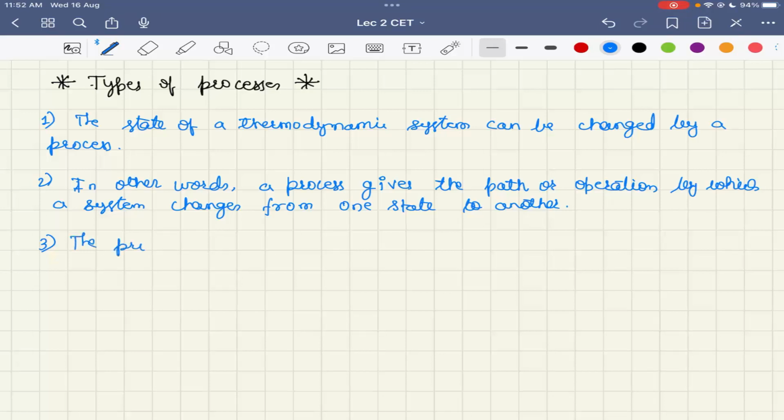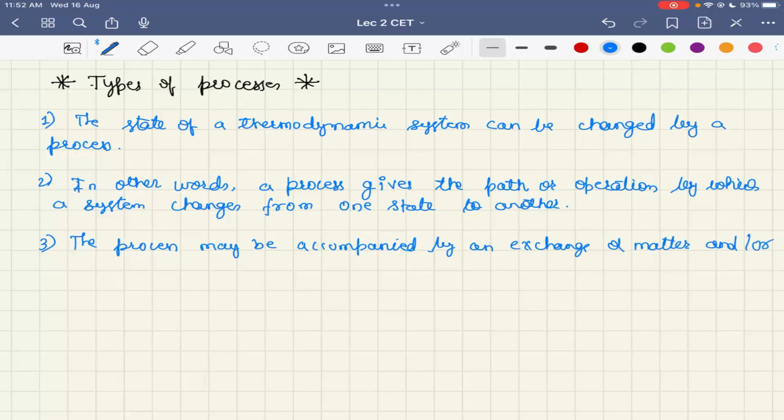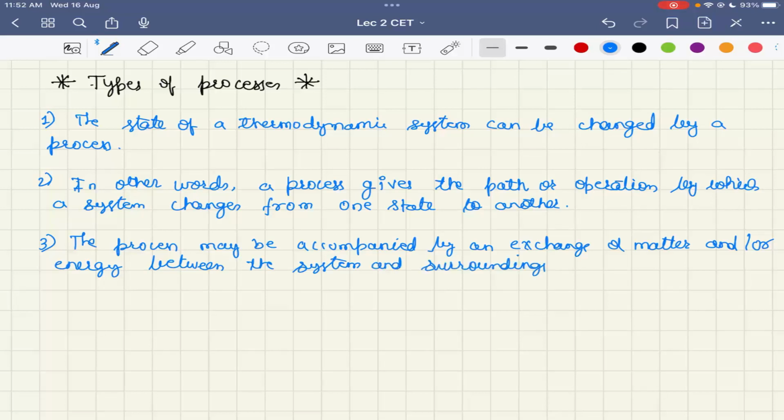The process may be accompanied by an exchange of matter and or energy between the system and surroundings.